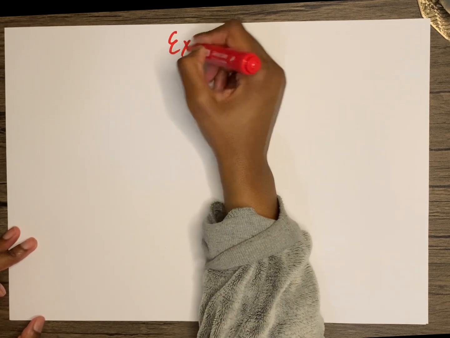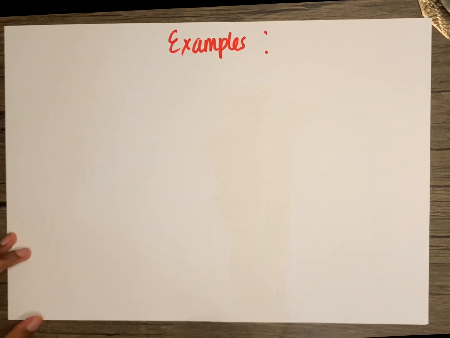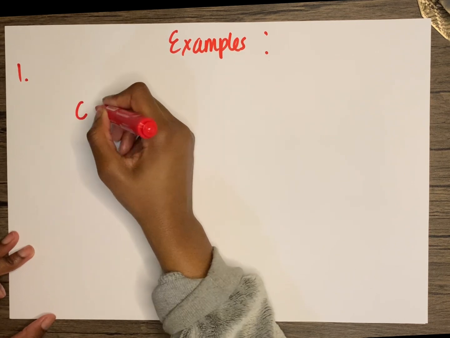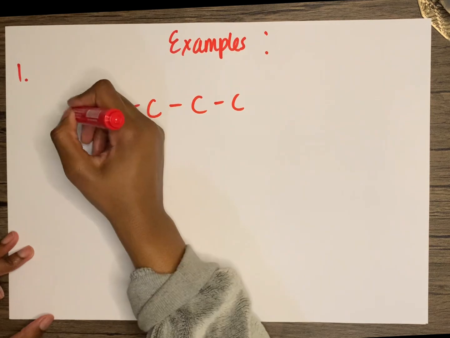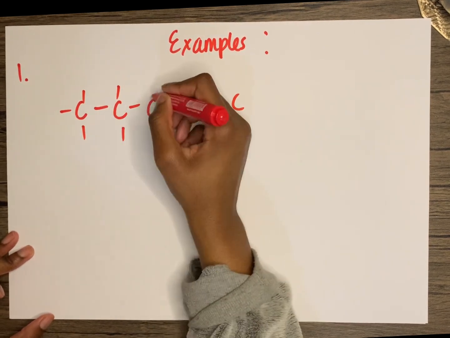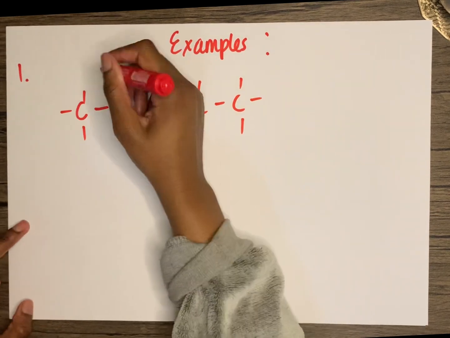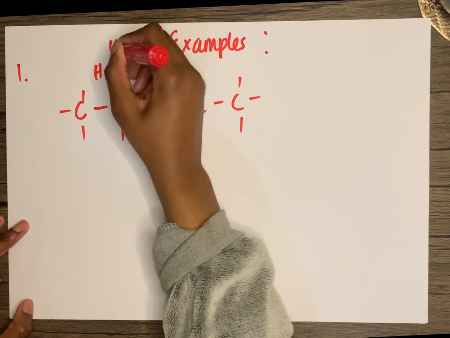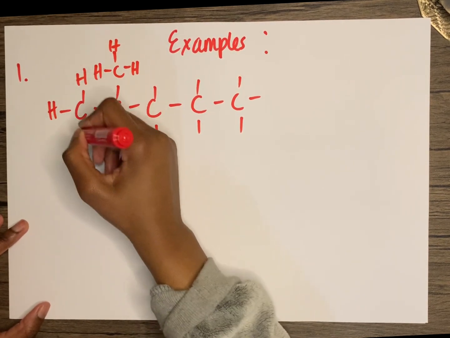Let's look at an example here. More examples. We're just naming. Let's name this molecule. I hope you're just pausing the videos and trying all these out by yourself, which is usually more helpful than just watching.